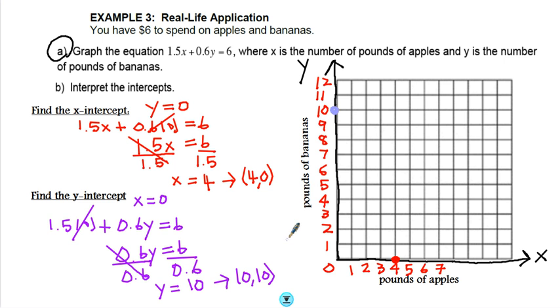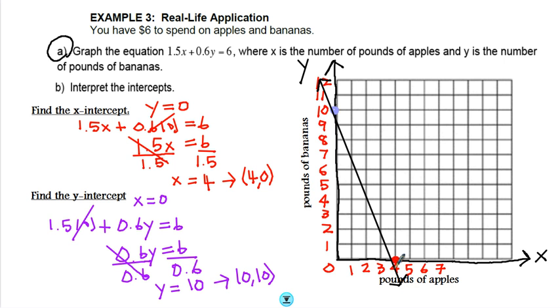Now, please be careful when you connect the 2 points to draw the line, okay? For example, let me show you. If you connected the points and drew a line like this, for this problem, it would be wrong.